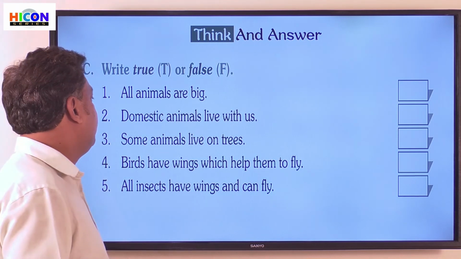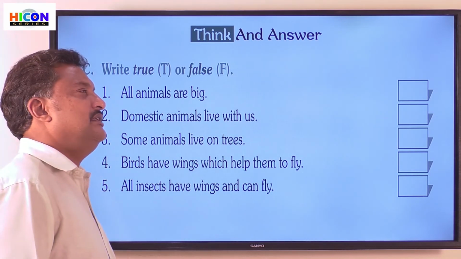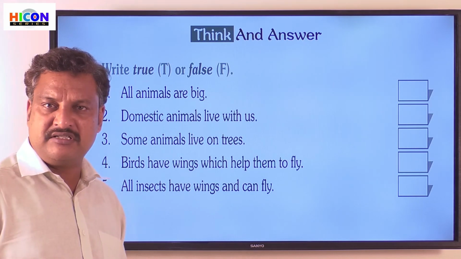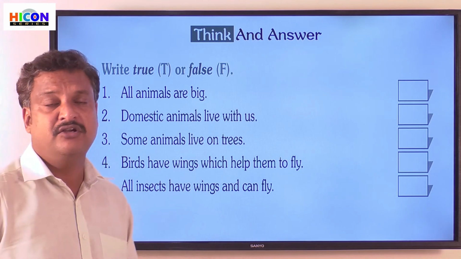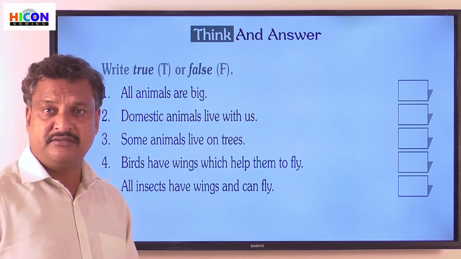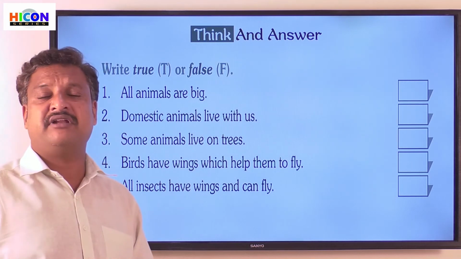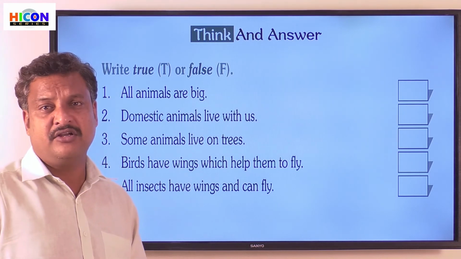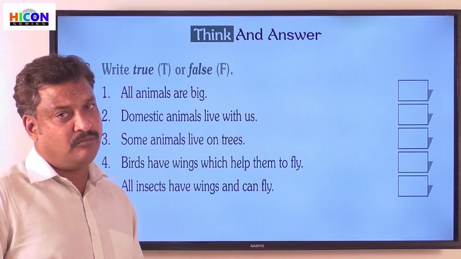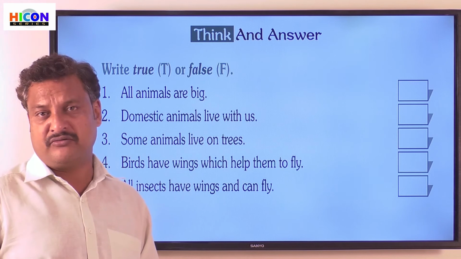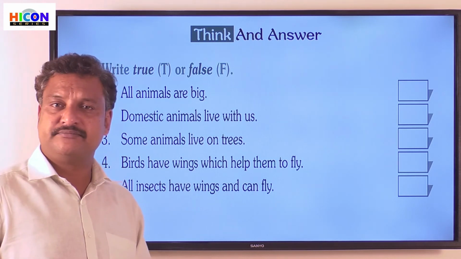Right? Now, domestic animals live with us. So, we have learned in the lesson that we grow some animals, we domesticate some animals and we grow them along with us. From home, we get some animals that help us in many ways, and with some animals we have some fun as well. Right? So those animals, those who help us in many ways are called domestic animals, and we grow them along with us, isn't it? If we grow cows, we'll have a cow shed for that.